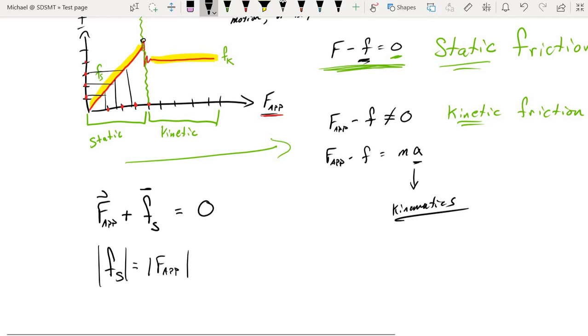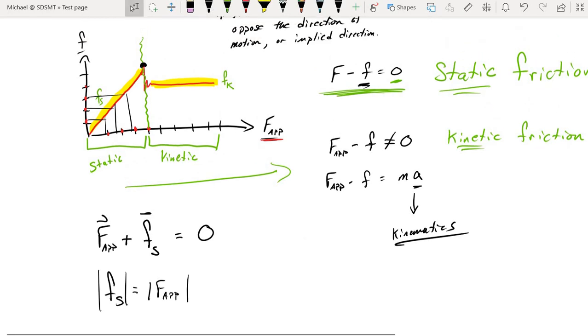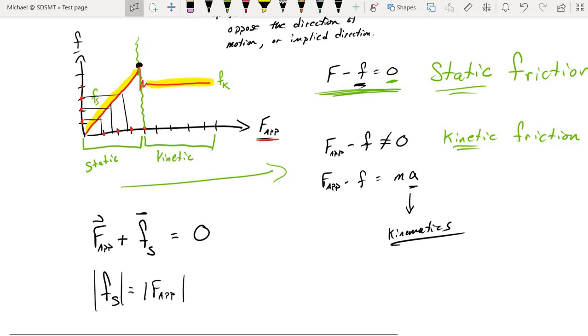Until we get right up here where we basically break the static friction. We have that jerking motion, and then we end up with the kinetic friction case.